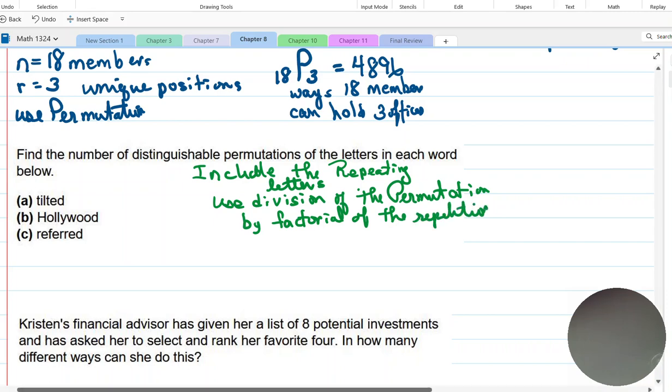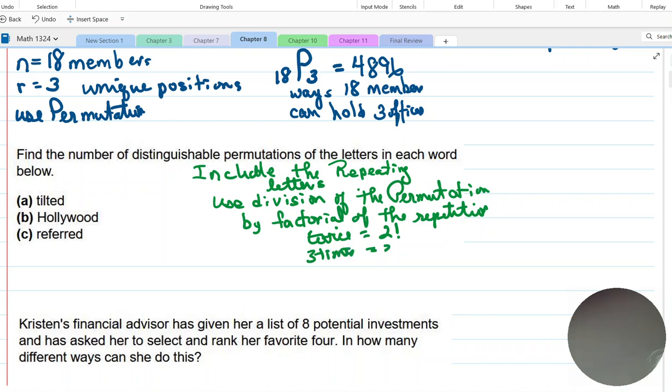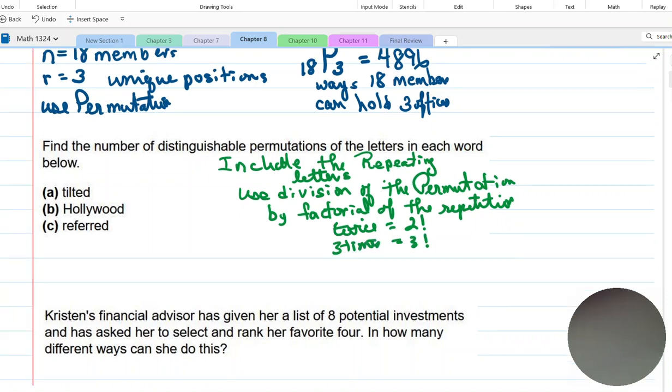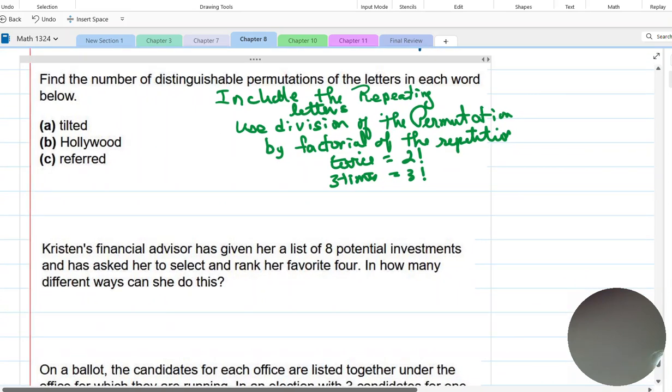So if something's repeated twice, it's a 2 factorial. 3 times, 3 factorial. So we'll do that on this exercise.